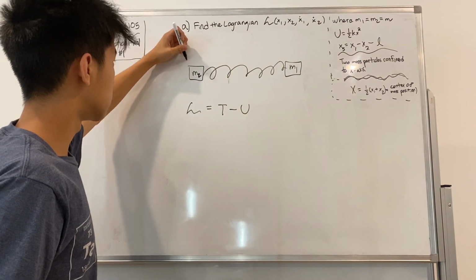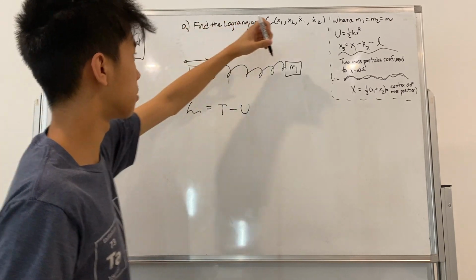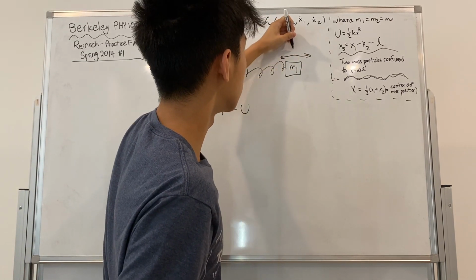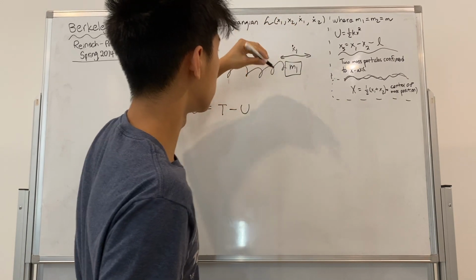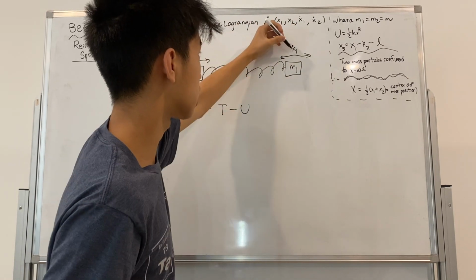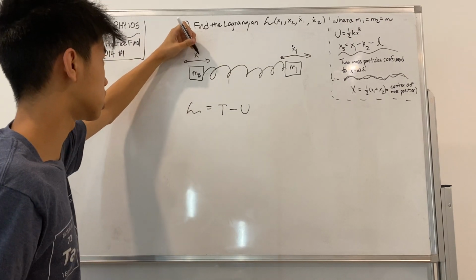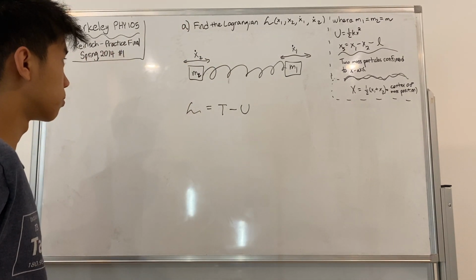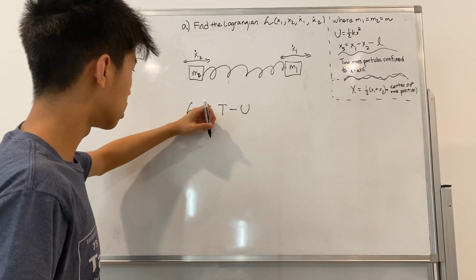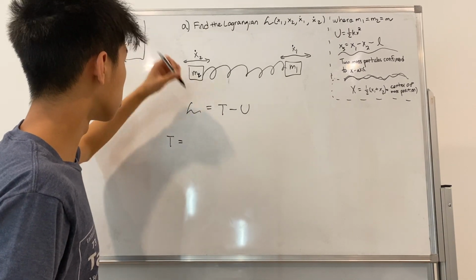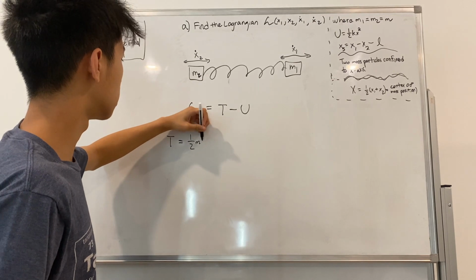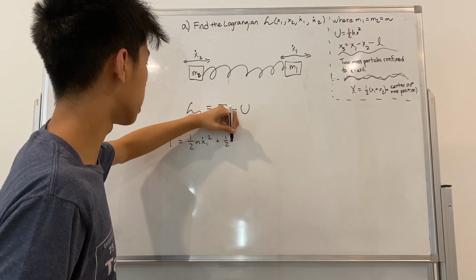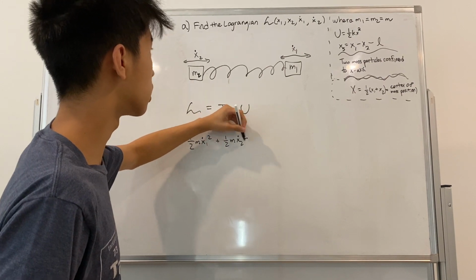Well, mass 2 and mass 1 could be moving either direction. We don't know yet. So we'll describe the velocity at which M1 travels as x1 prime, and the velocity at which mass 2 travels is x2 prime. So the total kinetic energy is going to be T equals 1/2 m x1 prime squared plus 1/2 m x2 prime squared.